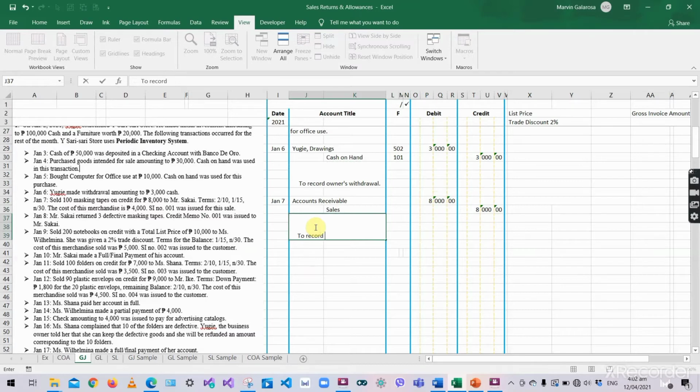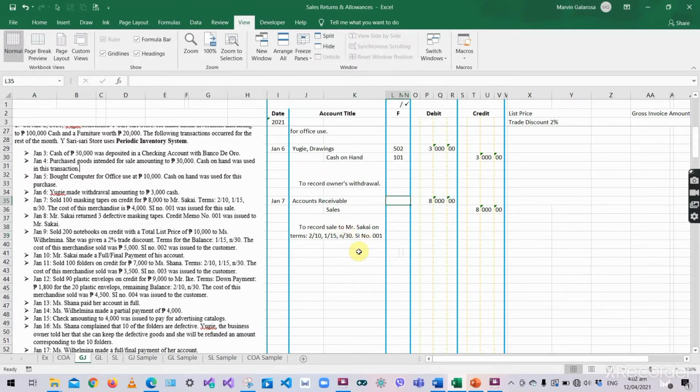To record sale to Mr. Sakay on terms 2/10, 1/15, and over 30. SI number 001.